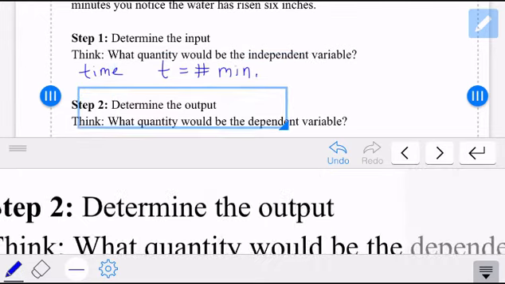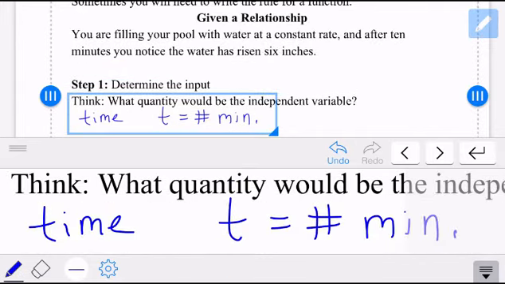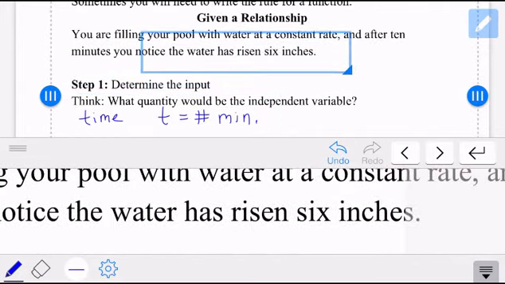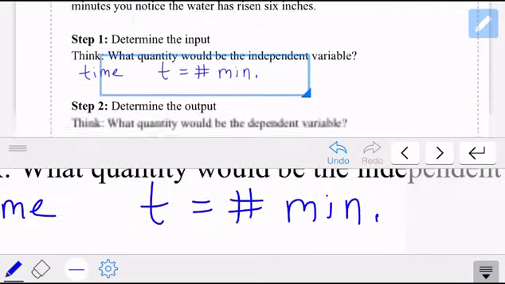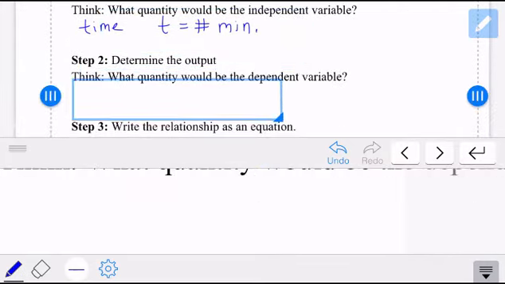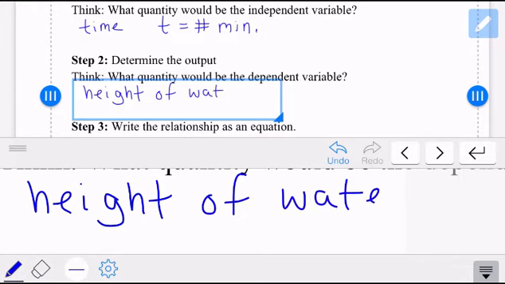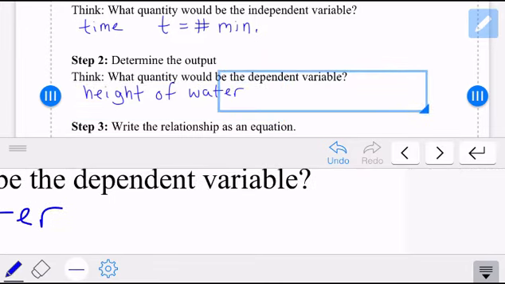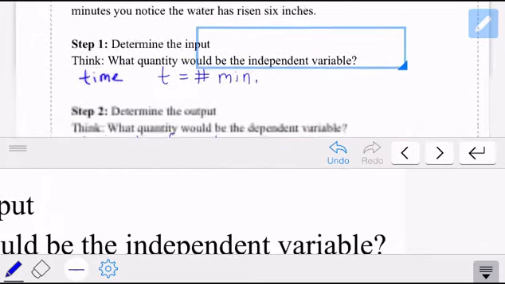Okay, next you want to figure out what my output is going to be. Well, look back at your problem again. After 10 minutes, we notice the water has risen 6 inches. So maybe it's the height of the water. So that's going to be our dependent variable. And then that unit is going to be in inches because we're talking about 6 inches.